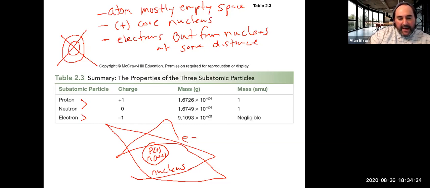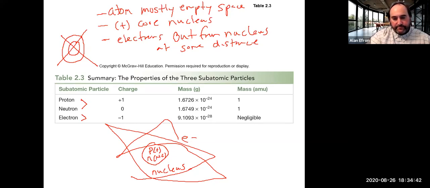In terms of the masses of these different parts of the atom, the proton has a mass of 1.6726 times 10 to the minus 24 grams. The neutron has a mass of 1.6749 times 10 to the minus 24 grams.